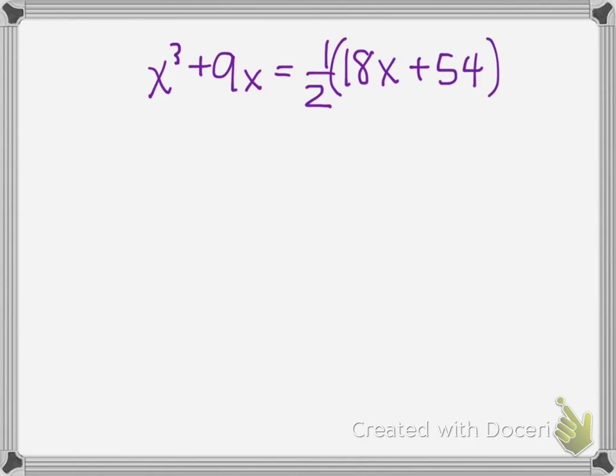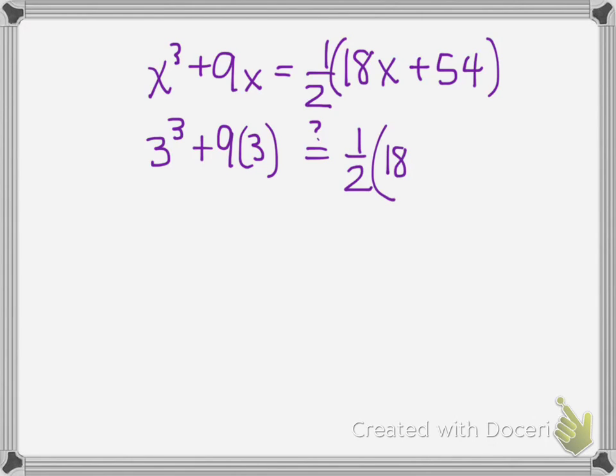Okay, so we're going to put 3 in, and we'll get this expression: 3 cubed plus 9 times 3. And I want to know, is that equal to 1/2 of 18 times 3 plus 54?